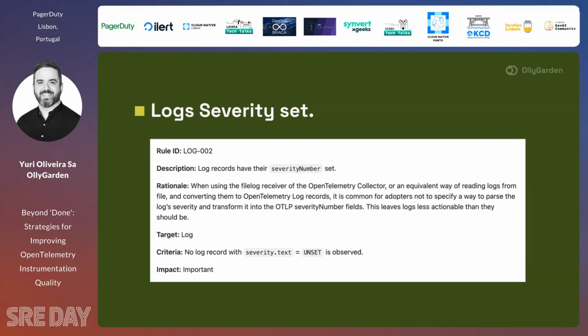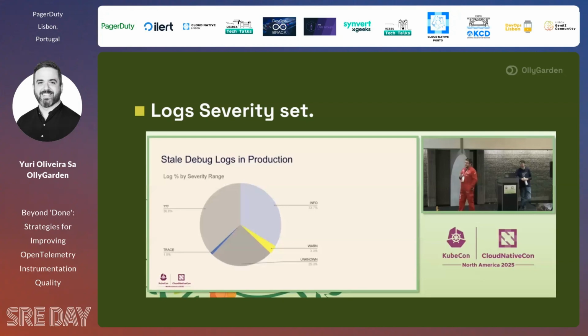Is higher than 10? Maybe. Is higher than 20%? Production logs is 25.7%. Unknown logs from production.